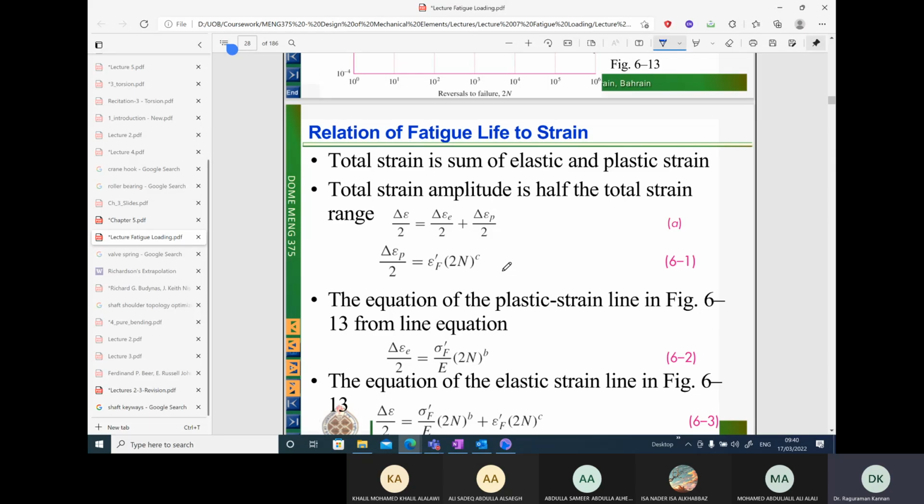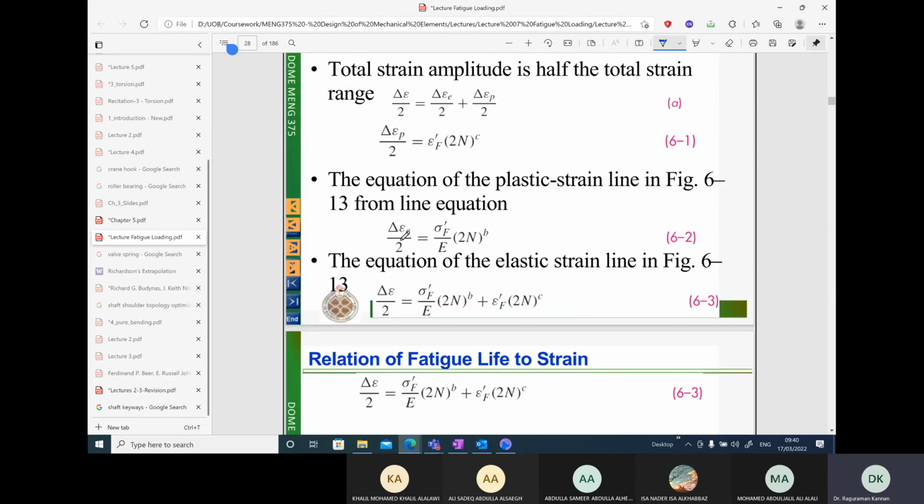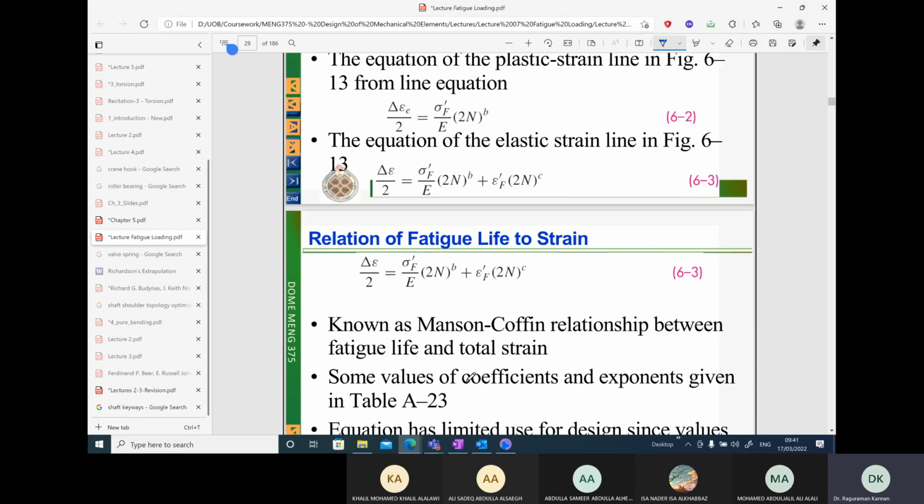So we have a relationship here. Similarly for the elastic curve, we have the fatigue strength coefficient and fatigue strength exponent, and we can relate the strain to the number of cycles to failure. So we have plastic, elastic, add them up, we get a single equation, and this equation is called the Manson-Coffin relationship. From this relationship, we can obtain the life of the specimen.